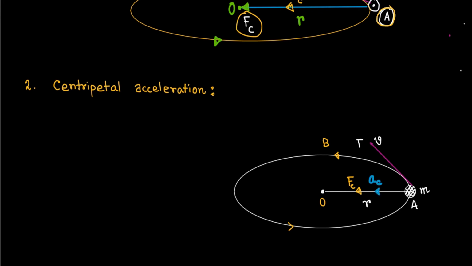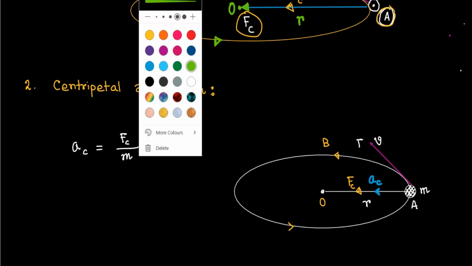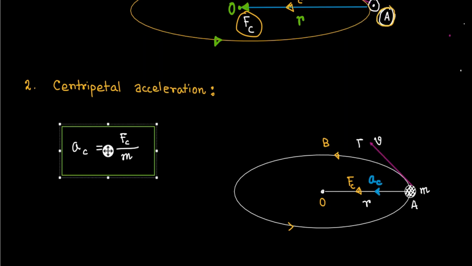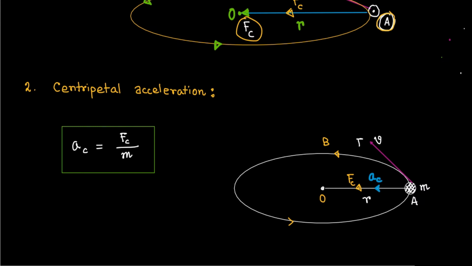Centripetal acceleration ac acts radially inwards. And centripetal acceleration ac has the expression Fc by m, means centripetal force divided by mass is the centripetal acceleration.